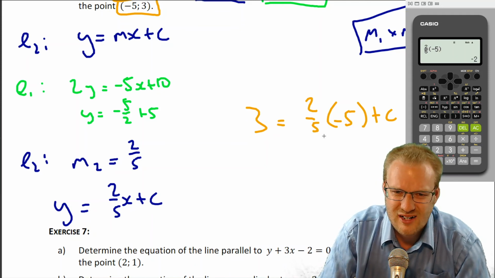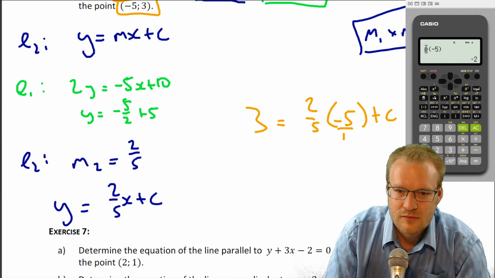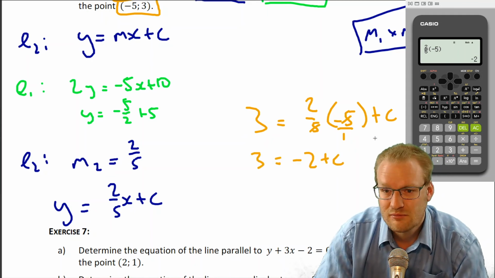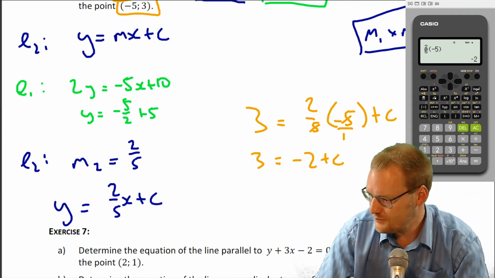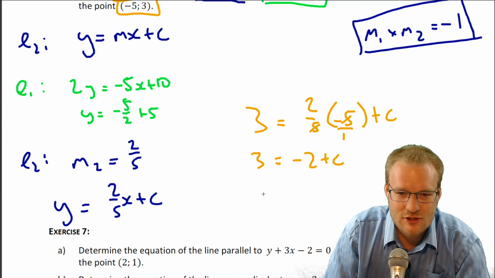Minus 2. I would have seen that, to be honest, this cancels. So I would have gone, 5 minus 5. So that's minus 2. 3 equals minus 2 plus c. But hey, use the calculator, why not? It's there. I'm going to get rid of mine. Goodbye. And therefore plus 2, 5 equals c.